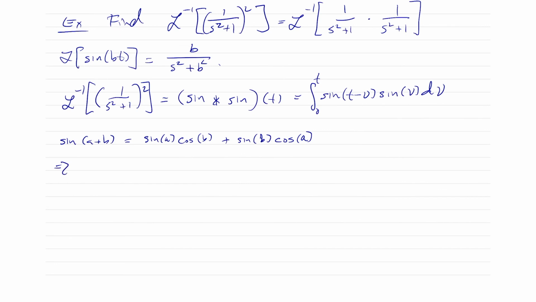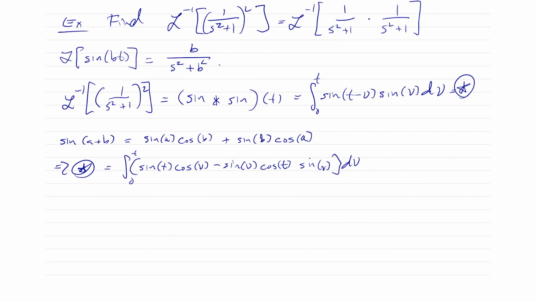And so what that means is that, we'll call this star, star is equal to the integral from 0 to t of sine of t cosine of v minus, using the odd property, cosine of t times sine of v dv.